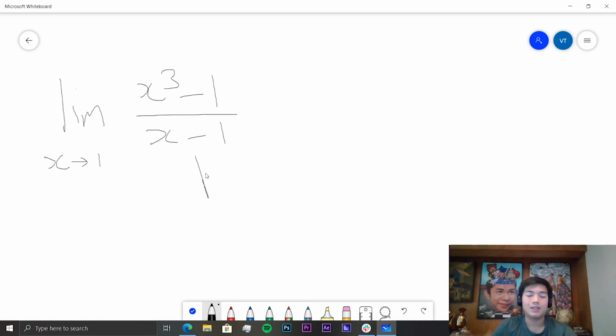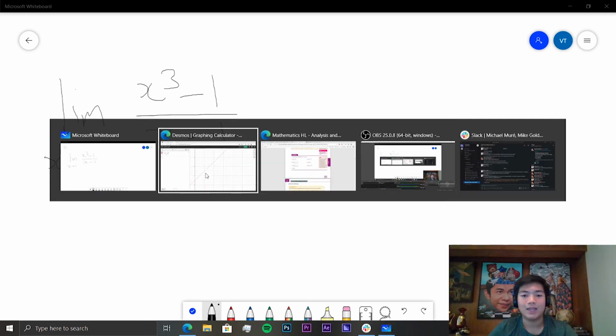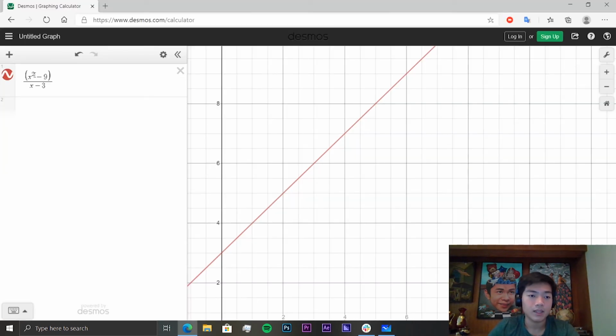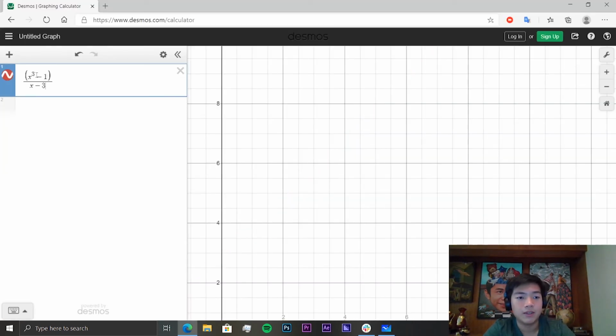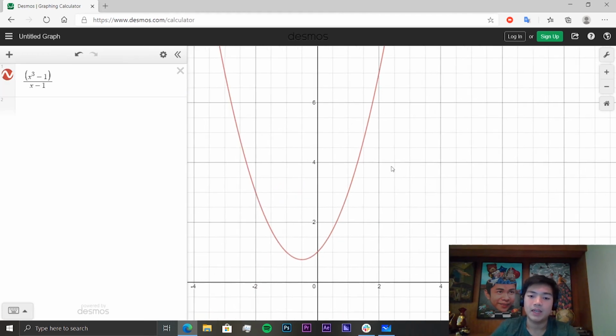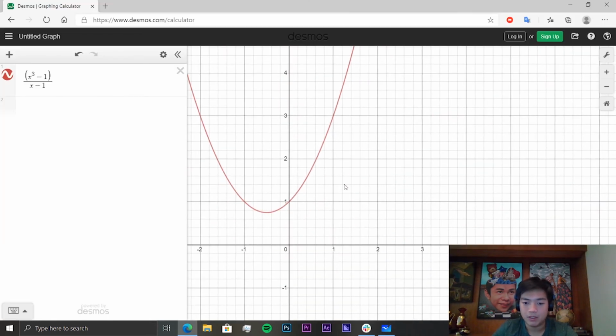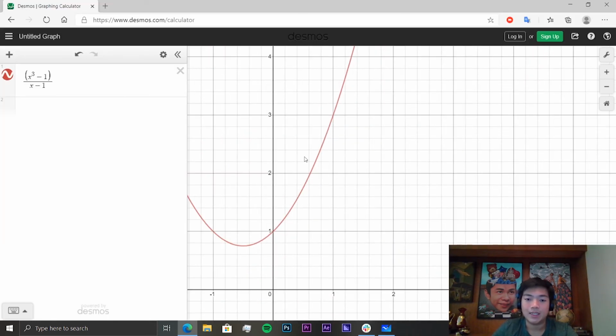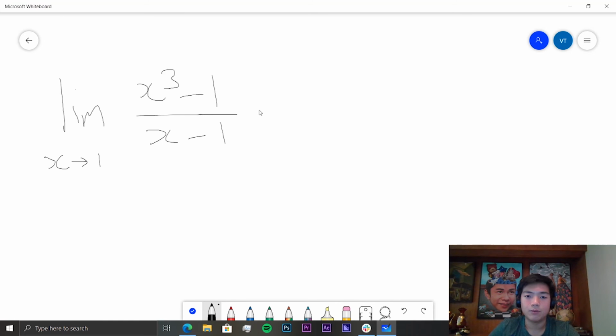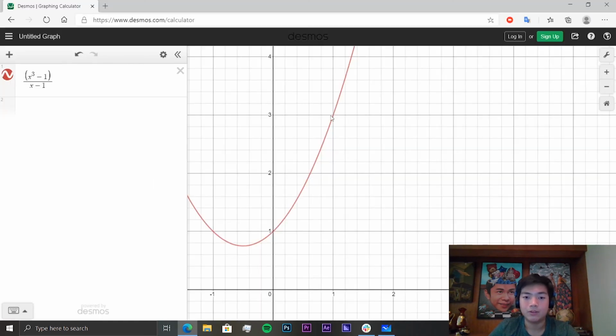So that's why we have to use limits to see what the function gets to as x approaches 1. So we have x cubed minus 1 over x minus 1. And as you can see, it looks like a fairly continuous function again. So as x approaches 1, where's 1? Okay, it's over here. As x approaches 1 from the left, f of x approaches 3, and the same is true for the right. So we can therefore say this is equal to 3.